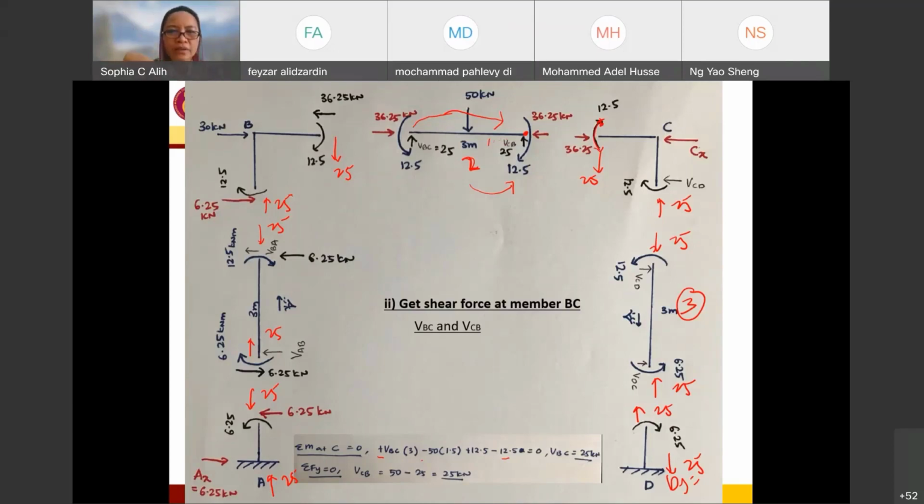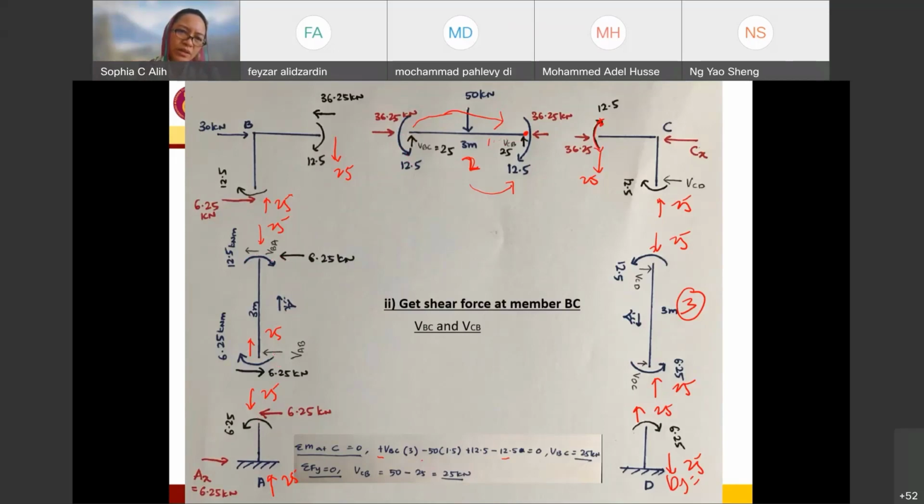This one is clockwise, this one is correct, but the other end point over this one, is it the B point 12.5 on the downside? I can't see there. Okay, so this one is clockwise, and this one is counterclockwise.